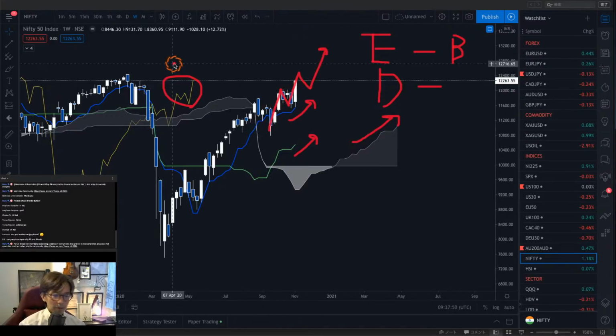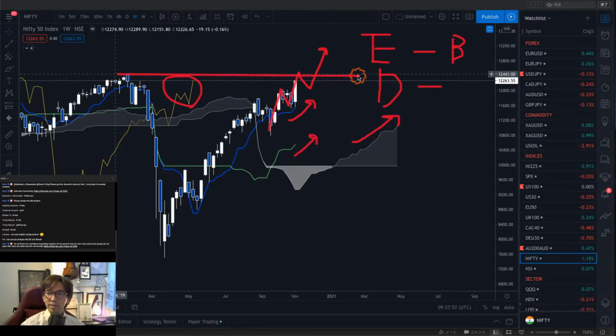We have to remember that there was a recent high at this level of 12441. So if the market reaches this level, it might be resisted once or twice. But we can still expect the potential breakout towards the upside as long as Kumo is pointing up and Kijun Sen points up. And afterwards, you might find some nice buy chance.